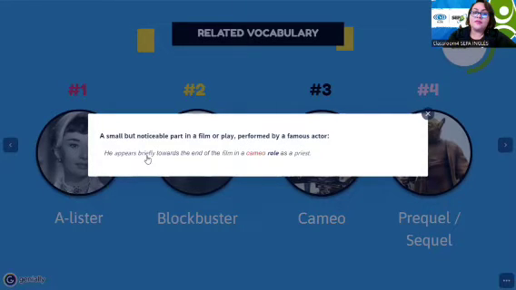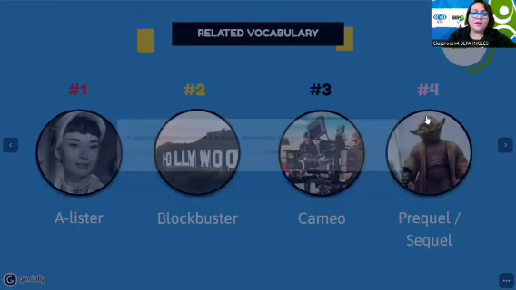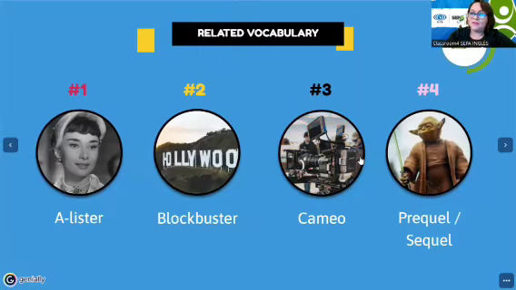He appears briefly towards the end of the film in a cameo role as a surprise. I don't know, in Spanish they say papel secundario, short. I don't know how to say that in Spanish.